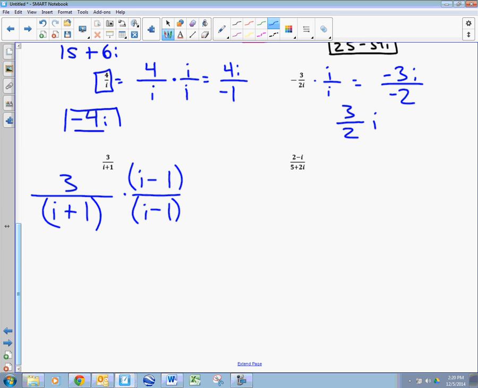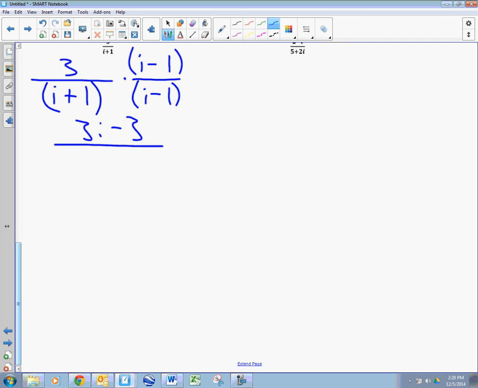So, 3 times i minus 1 gives me 3i minus 3. So yes, Colton's point, we multiply by the conjugate in other studies, and you're going to do a lot of it second semester. 3 times i is 3i, 3 times negative 1 is negative 3.